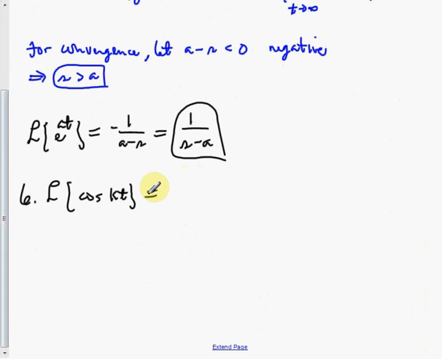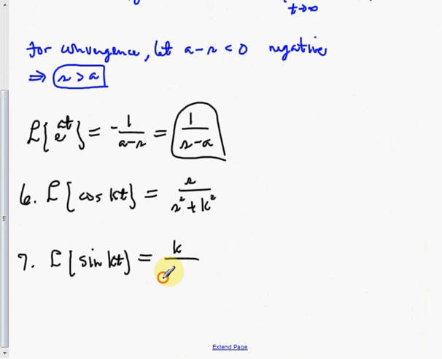And so this is equal to s over s squared plus k squared. Number 7, the Laplace transform of sine kt is equal to k all over s squared plus k squared.